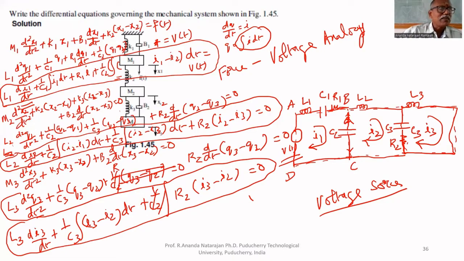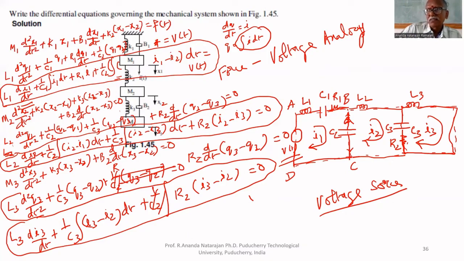Similarly, current source means the current remains constant. Suppose I connect one resistor, the same amount of current flows through that resistor. If I connect 2 resistors in series, then also the same amount of current will flow. Then it is called a current source. It will give the same amount of current irrespective of the number of loads.